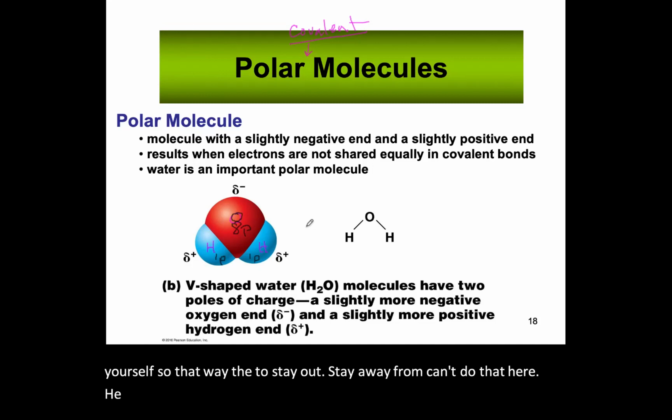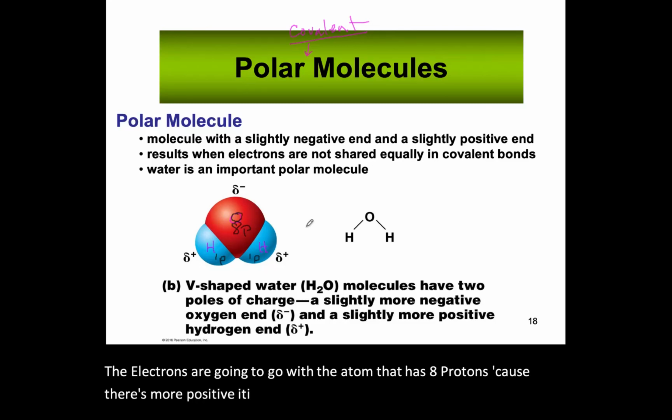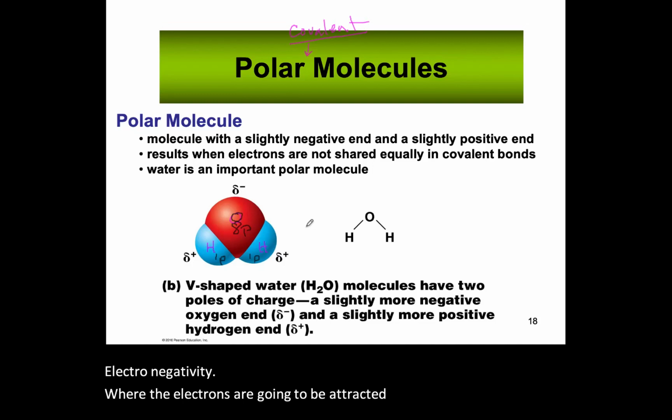Just like you're going to go with the 8-figure guy, the electrons are going to go with the atom that has 8 protons. Because there's more positivity there. There's more attraction there. It's what we call electronegativity, where the electrons are going to be attracted to the more positively charged nucleus.